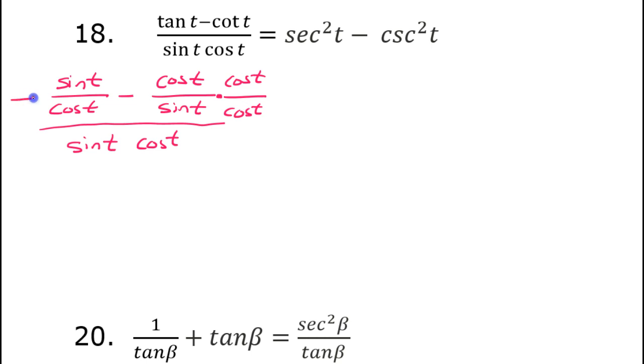And I'm going to multiply this by sine t over sine t. So that's going to give me sine squared t over sine t cosine t.